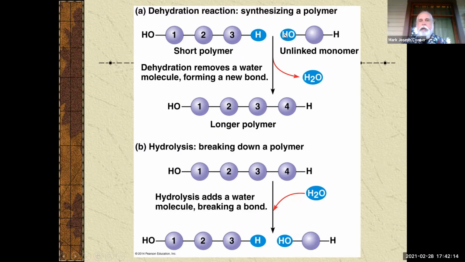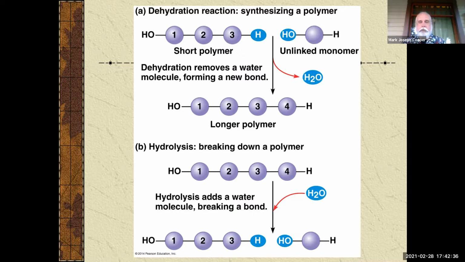You can see that the H on one side and the OH on the other actually form water, which gets pulled out and forms the bond. So dehydration, the loss of water, reaction to make it react. So that's one name. Dehydration synthesis is another name. And then the third name is condensation reaction.